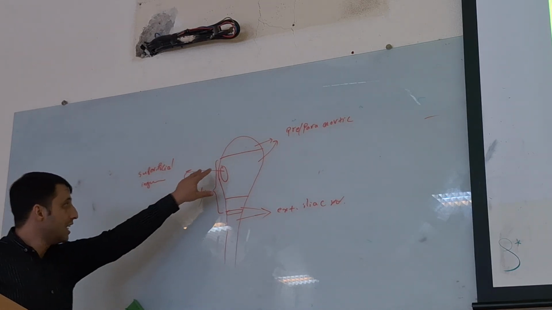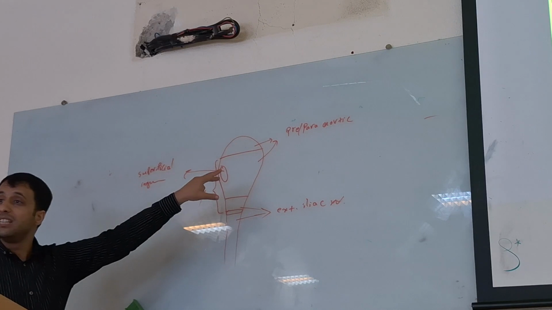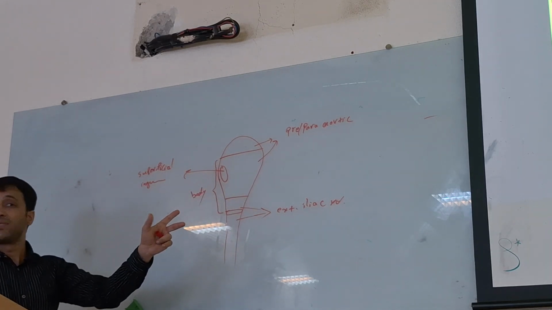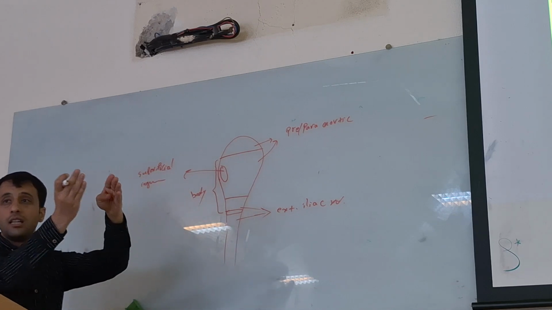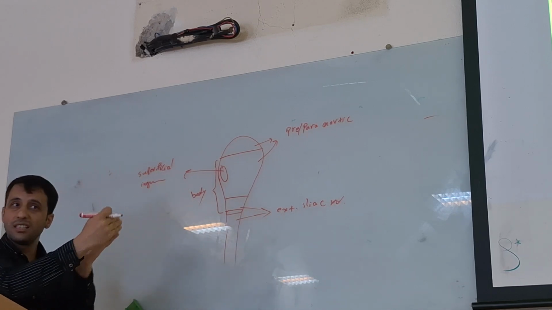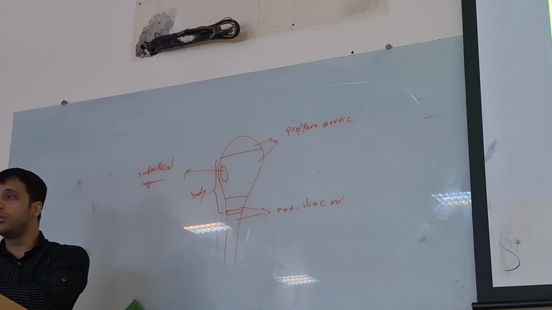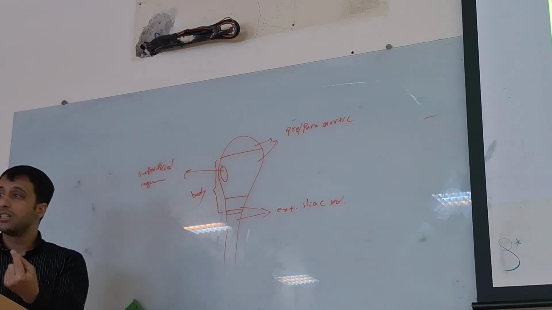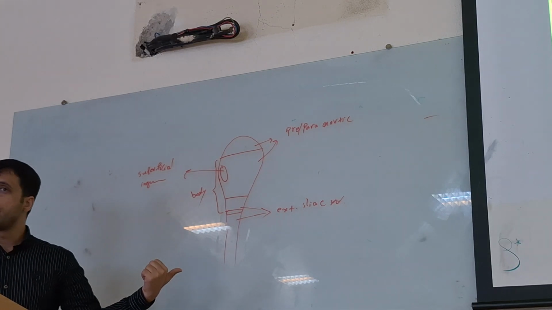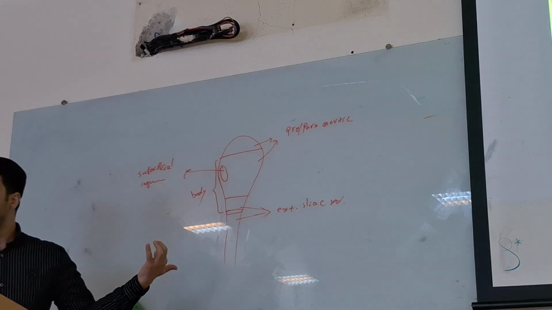Because this area is located near the round ligament, and the lymphatic vessels around the round ligament travel to arrive at the inguinal nodes, because the round ligament attaches to the labia majora in the female.